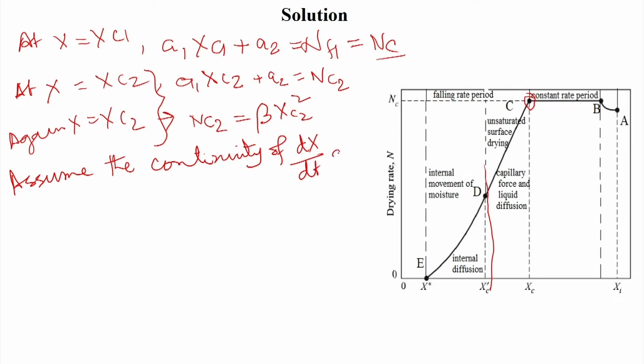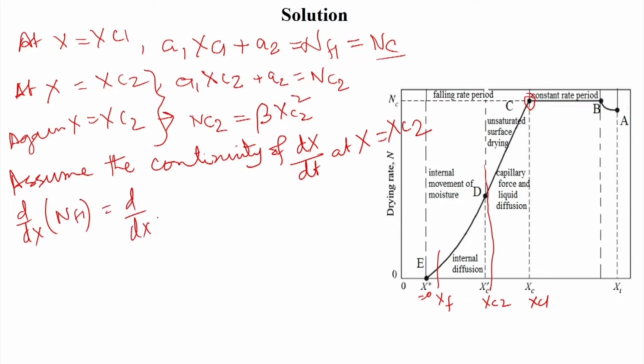So, at x is equal to Xc2, with Xc2, Xc1, Xi, Xf, and X star equal to 0, d by dx of NF1 is equal to d by dx of NF2 at x is equal to Xc2.